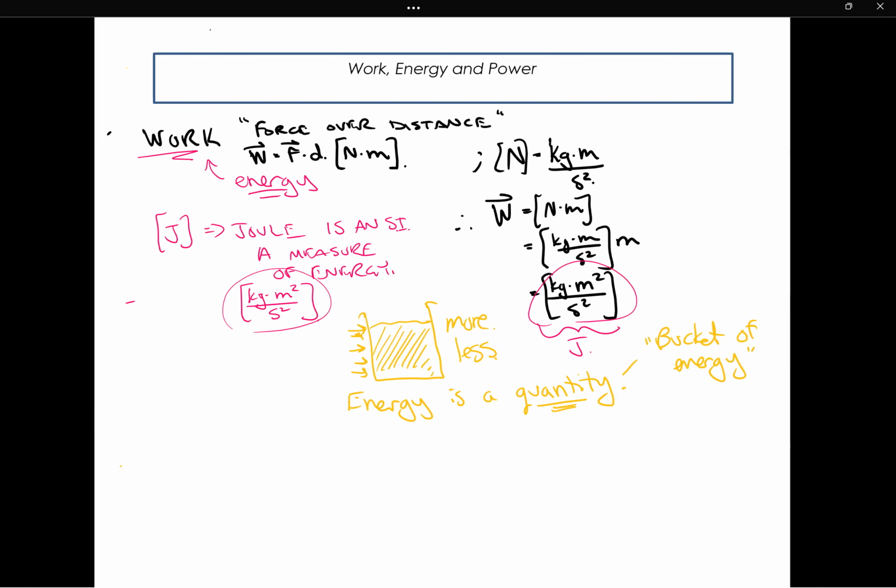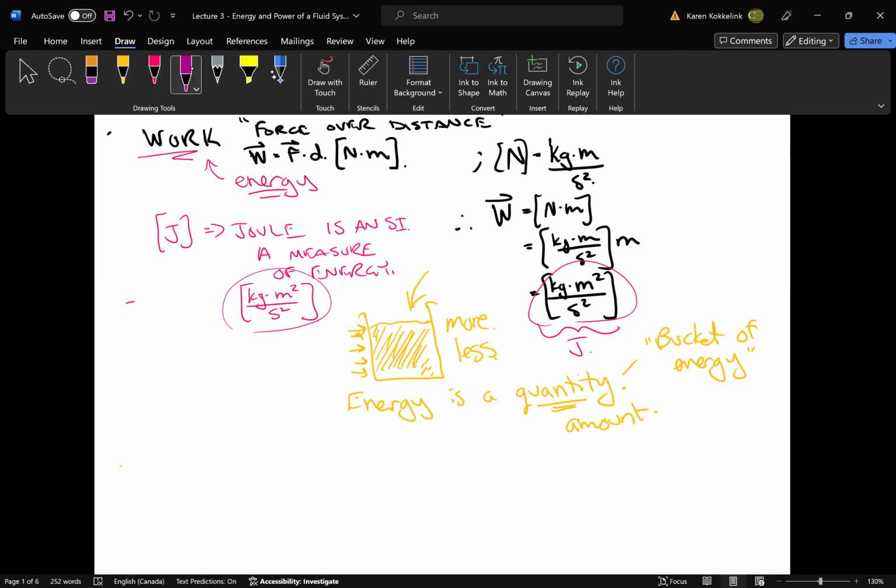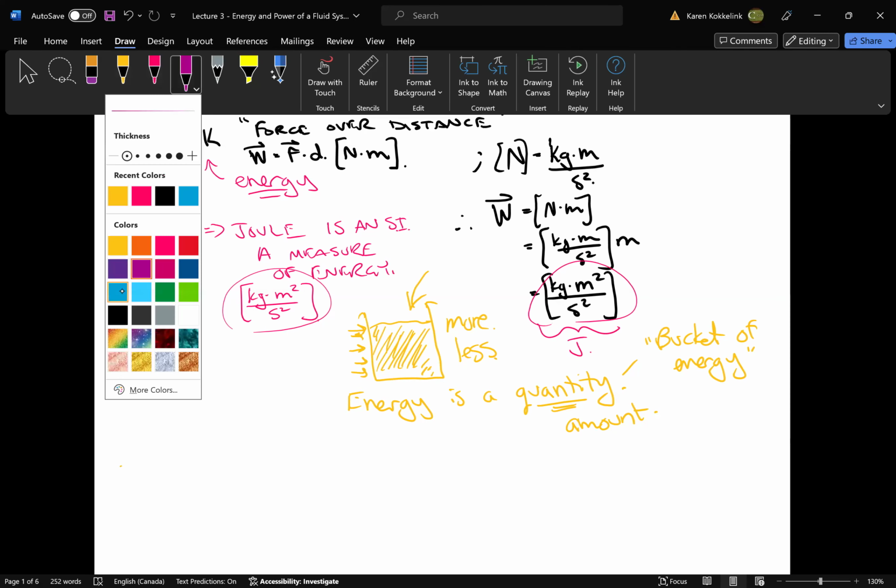So I paid for, or I made, or I put an expense in for this bucket of energy. Is it a lot? Is it a little bit? It is a quantifiable amount. And that's different than a rate. So talking about amounts is different than talking about rates.